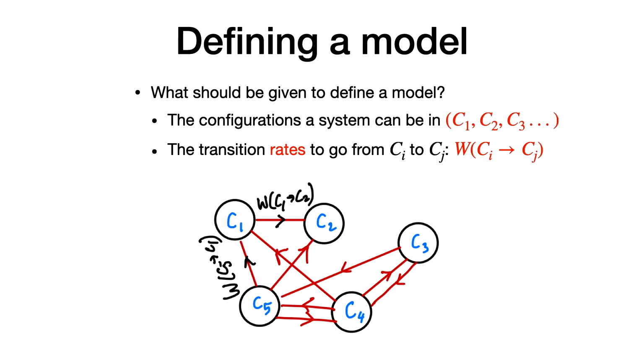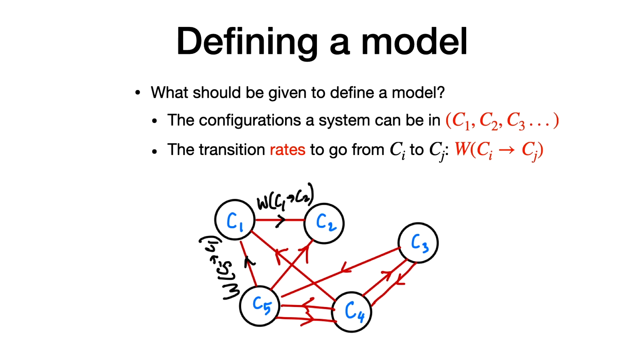So defining a model. What should be given to me so that I can answer questions about the model? Firstly, you have to tell me what are the possible configurations a system can be in, C1, C2, C3, C4. Then you need to tell me how the system evolves in time. The evolution is given by something called transition rates, which says what is the rate of going from Ci to Cj.